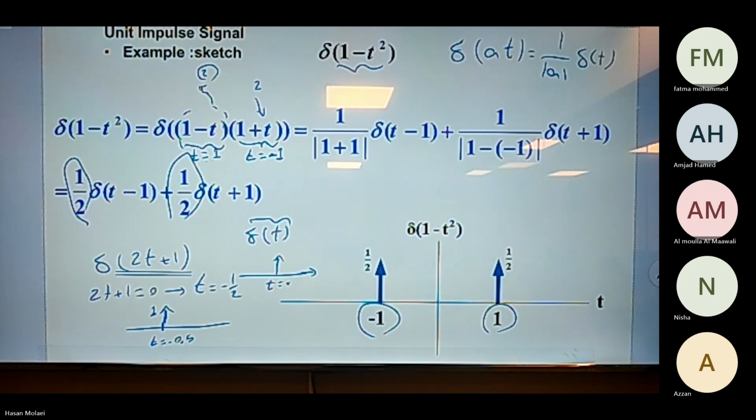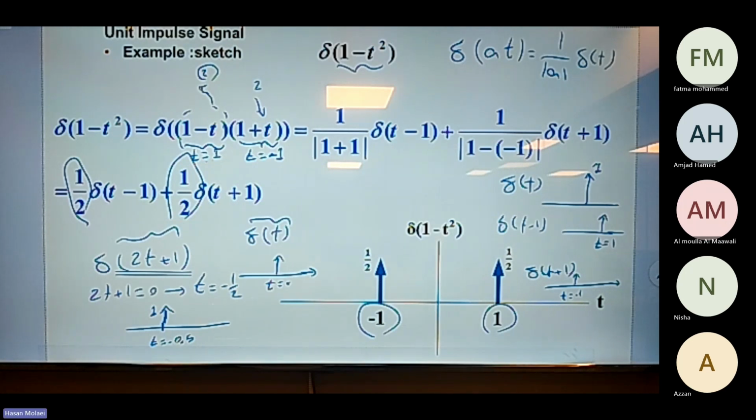If we define delta t like this, this is our definition. Delta of t minus 1 is shifted 1 unit to the right. Delta of t plus 1 is shifted 1 unit to the left. How about this one?